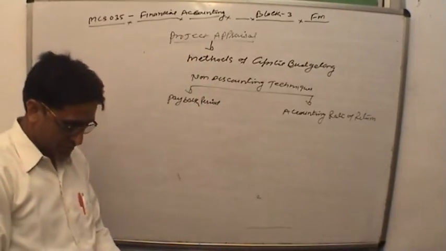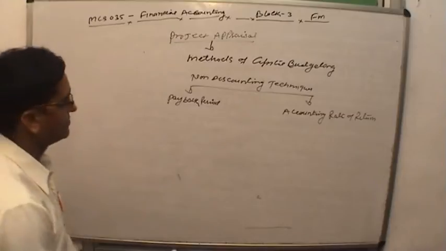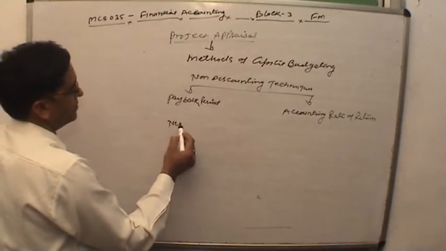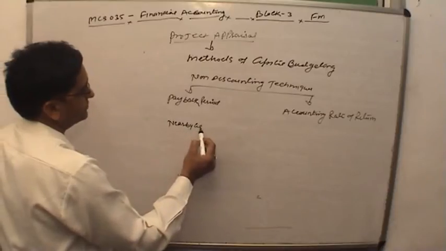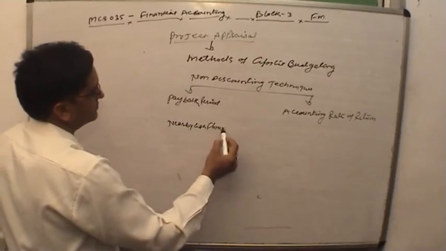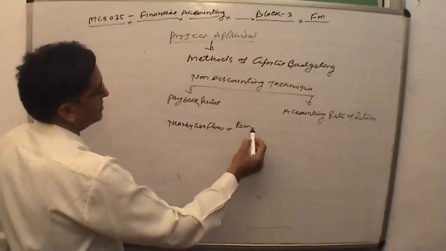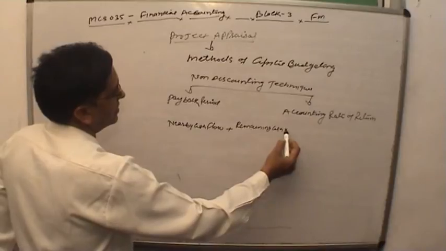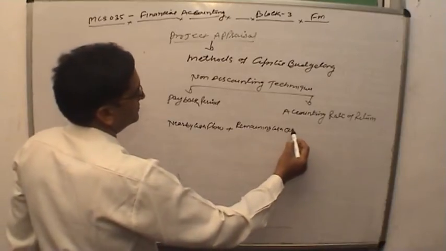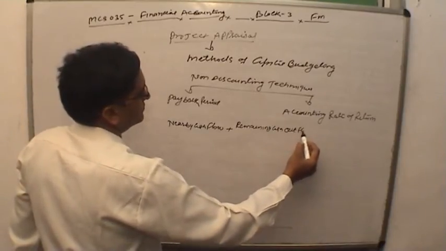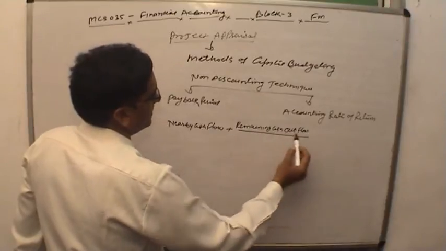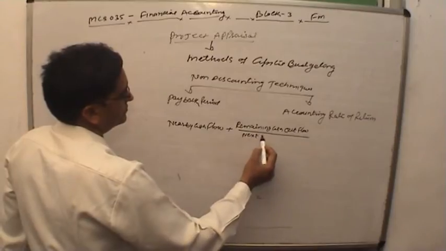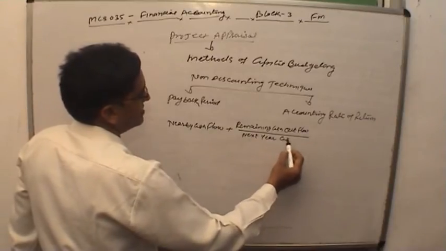The formula for calculating payback period is nearby cash flow plus remaining cash outflow divided by next year cash inflow.